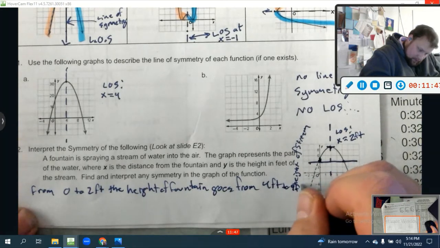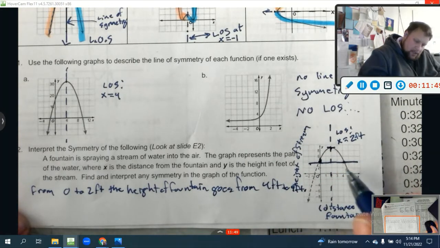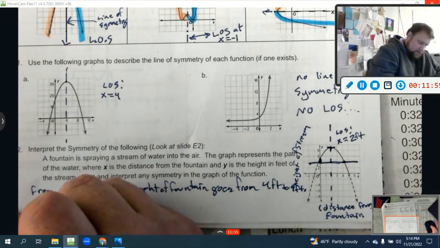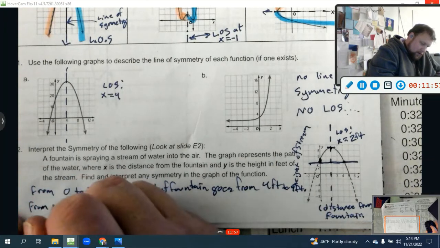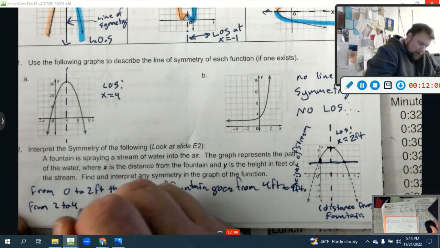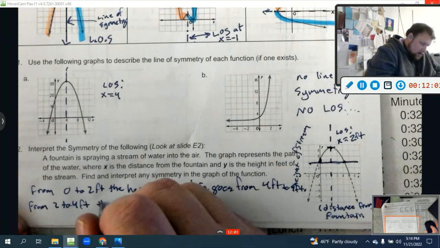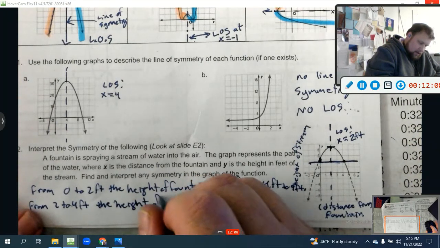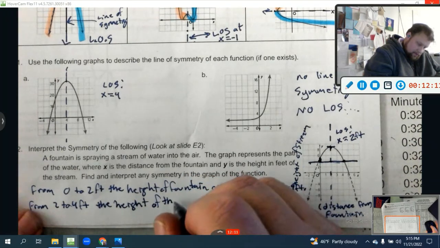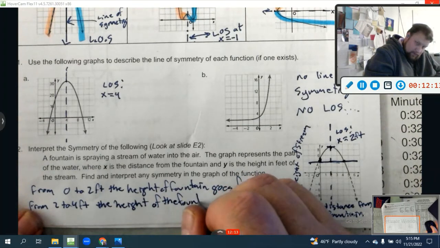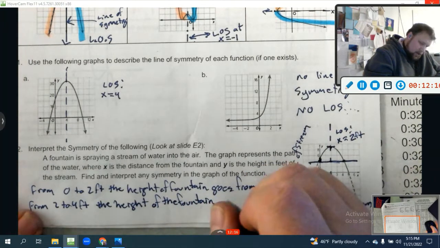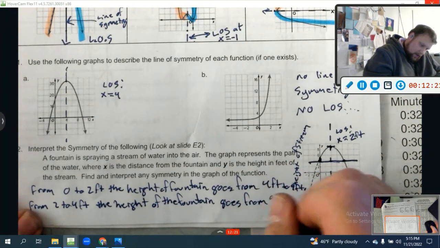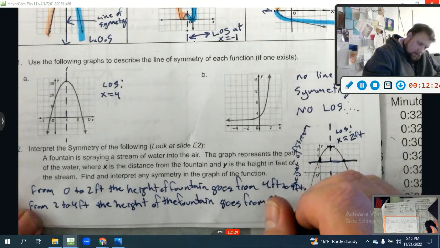Okay? What else do we see? If we go from 2 feet to 4 feet away, so from 2 to 4 feet, the height of the fountain goes from 9 feet to 4 feet.